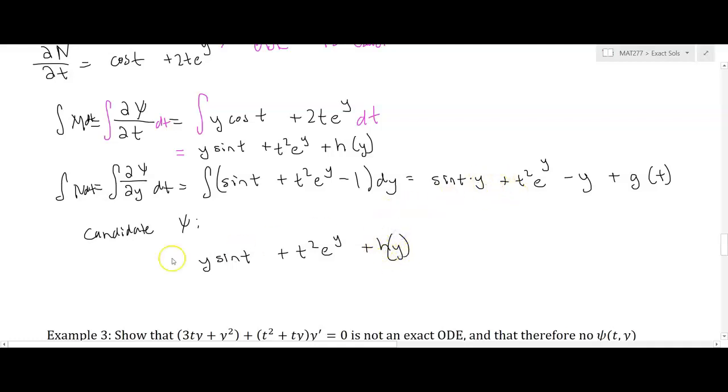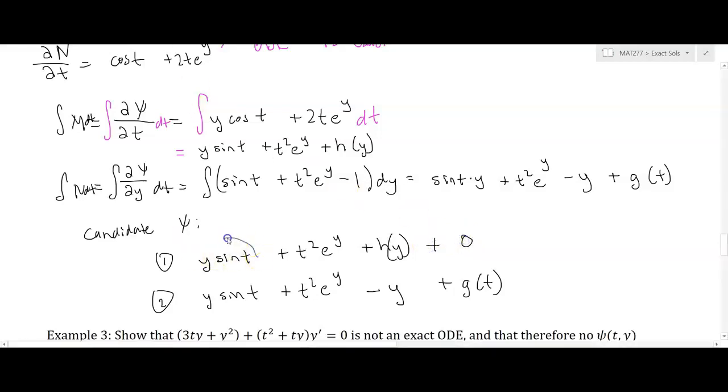And then the second candidate, notice that that also has a y sine of t in it, and they have to be the same psi, they're the same function. So notice that that t squared e to the y is there as well. There's a minus y, and then there's a plus g of t. So already here I can see that h of y will match up with negative y, but there's no standalone function of t in equation 1, therefore I can say that g is 0.